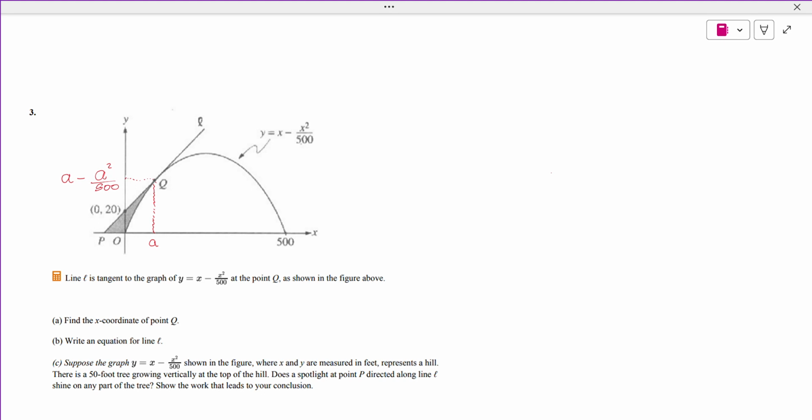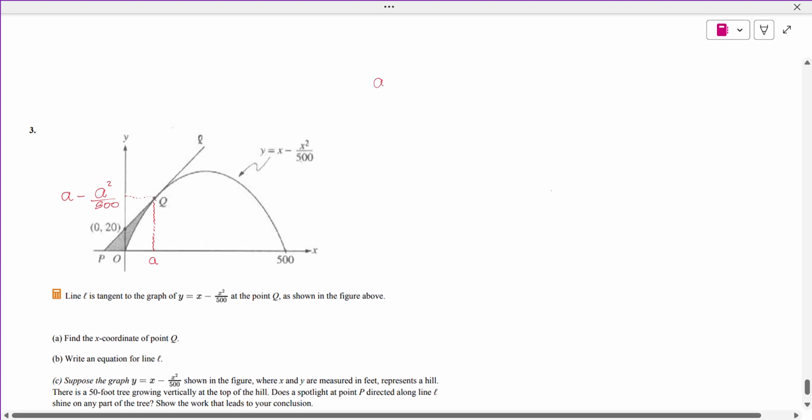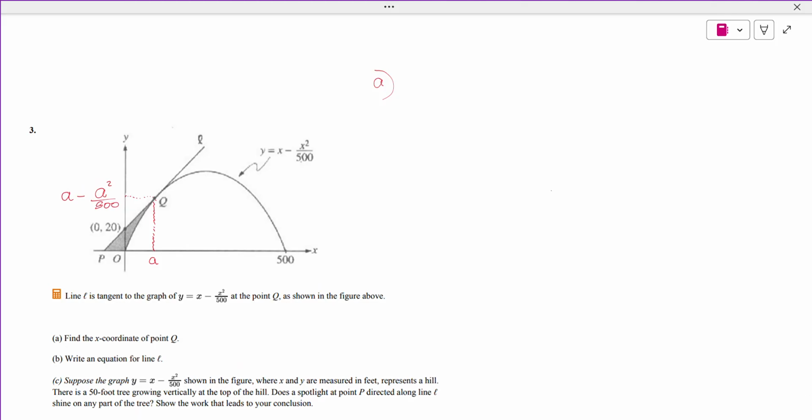Now, how do we find the value of A? It's very simple. To find the value of A, you need to find the slope of line L. The slope of line L will be the same as dy over dx at x equals A, because the slope of line L at x equals A is the same.